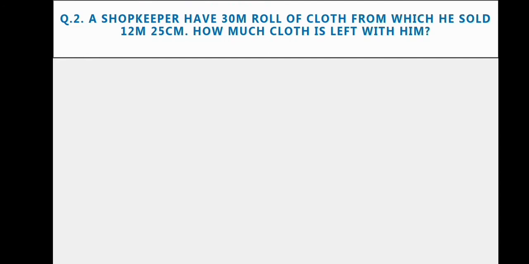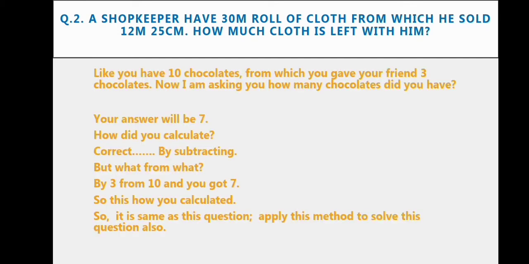A shopkeeper has a 30-meter roll of cloth from which he sold 12 meter 25 centimeter. How much cloth is left with him? Like you have 10 chocolates from which you gave your friend 3 chocolates. Now I am asking you, how many chocolates do you have? Your answer will be 7.